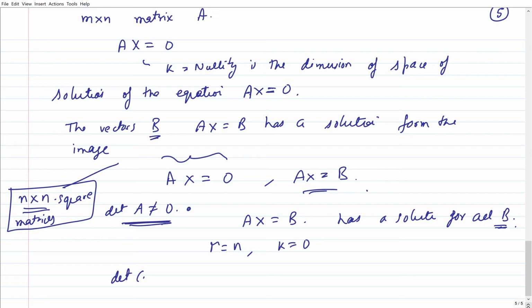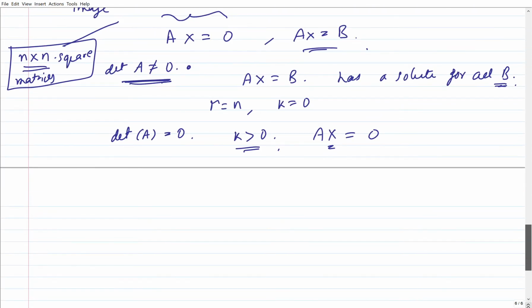However, when the determinant of A is equal to 0, well then there does exist k greater than 0. This is not an invertible matrix, so essentially you will have some of the guys over here, so Ax equals 0 has non-trivial solutions when the determinant of A is equal to 0.